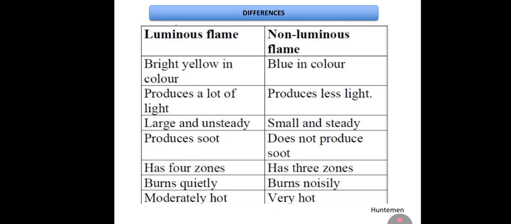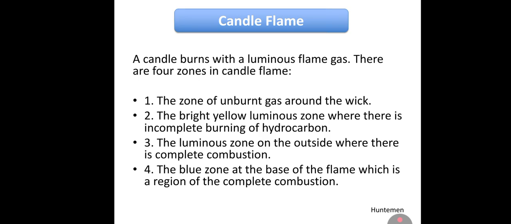So what I put into the discussion of properties of luminous and non-luminous flame is the same thing that is on this table as differences between the two of them. Candle flame. The candle flame burns with a luminous flame.